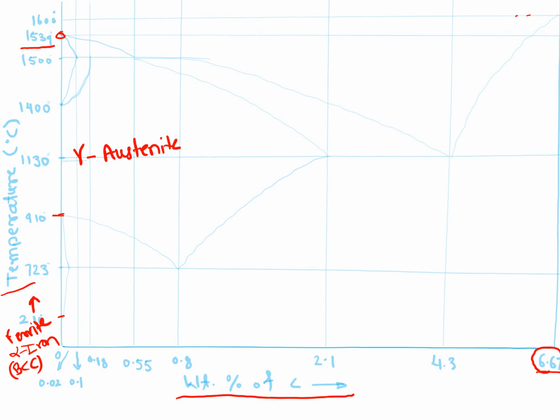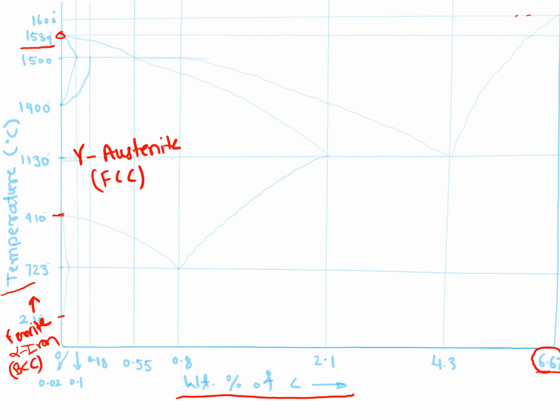We are calling that gamma iron or gamma austenite. Upon heating further, it will change again to a different crystal structure. Sorry, I have to tell you here, gamma austenite has an FCC, face-centered cubic crystal structure.